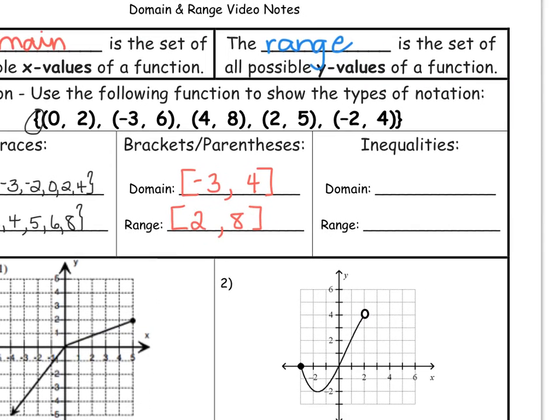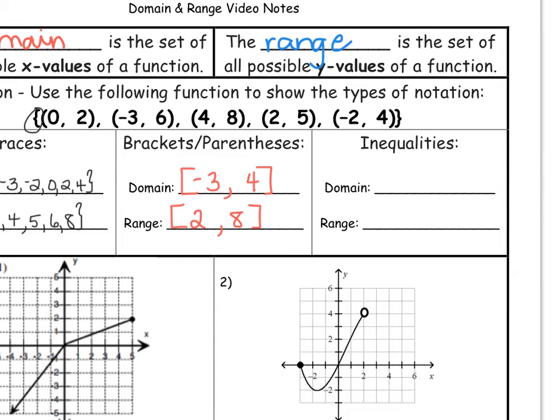Another way to show domain and range is to use an inequality. And this is usually used, or always used, when we're looking at graphs, and that's what we're going to take a look at today. So keep in mind our domain is our x and our range is our y. If we look at our smallest x value and our largest x value, our domain is x is greater than -3 and x is less than 4.